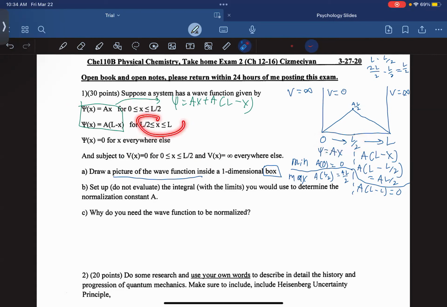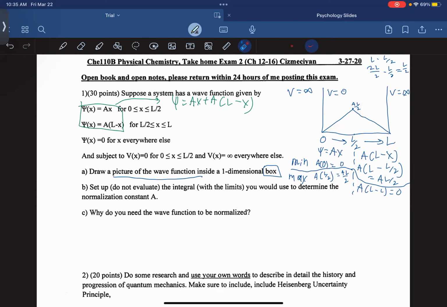And then L over 2 to L, that's this part here, which means that's our wave function for that section, and that's our wave function for that section. And then what I did is I just did the min and max of the x's. So for this one, the minimum x is 0, which is gonna get you 0. Then our maximum x for that section is L over 2, which gets us aL over 2. So then you can draw this part here.